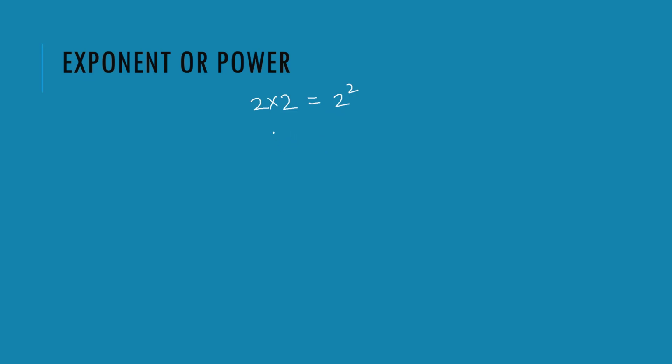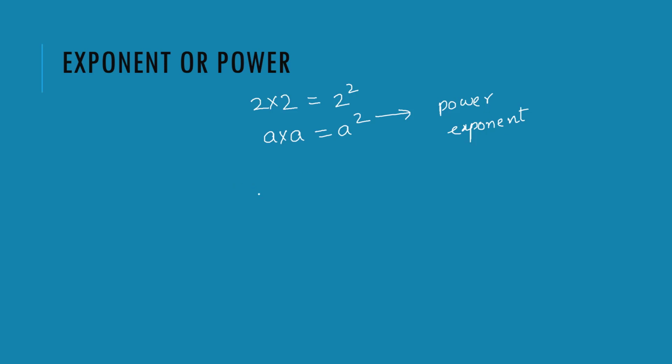Okay. So this is applicable for a variable as well. A into A is A square. This 2 is called power, or it is also called exponent, or you can also say that this is exponential.